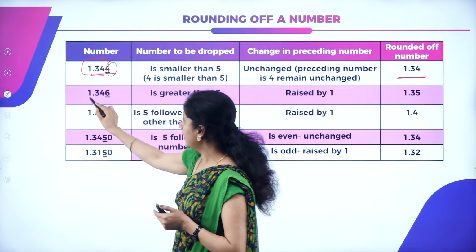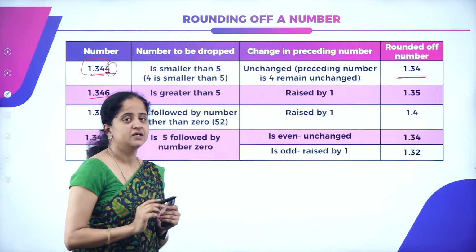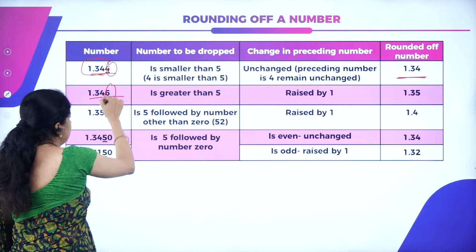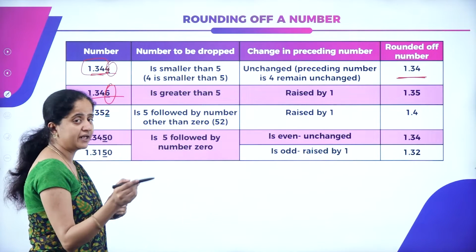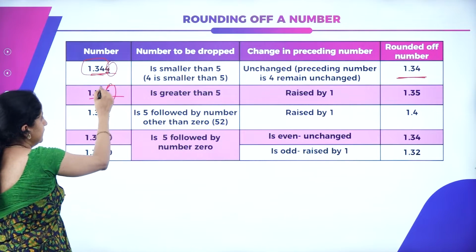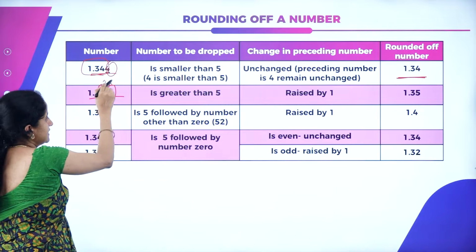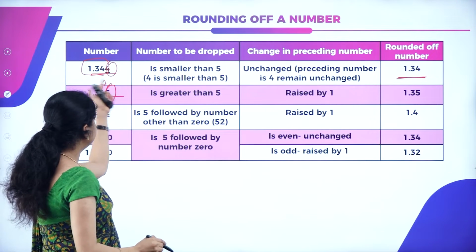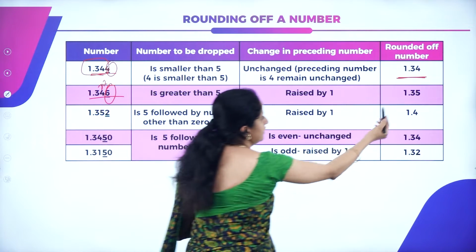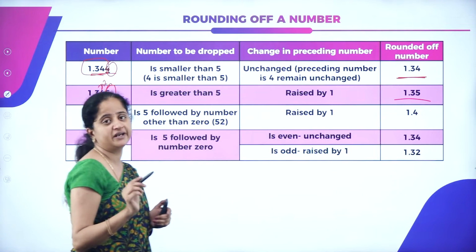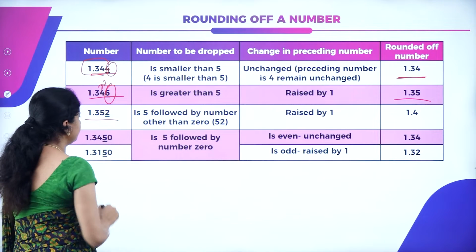Next I have 1.346. Here the insignificant number is 6, which is greater than 5. So when it is greater than 5, the preceding number should be raised by 1. So in rounding off this number, when the preceding number is raised by 1, we get 1.35.